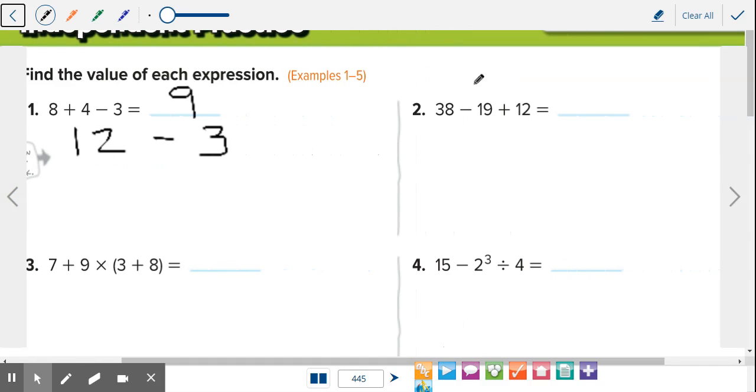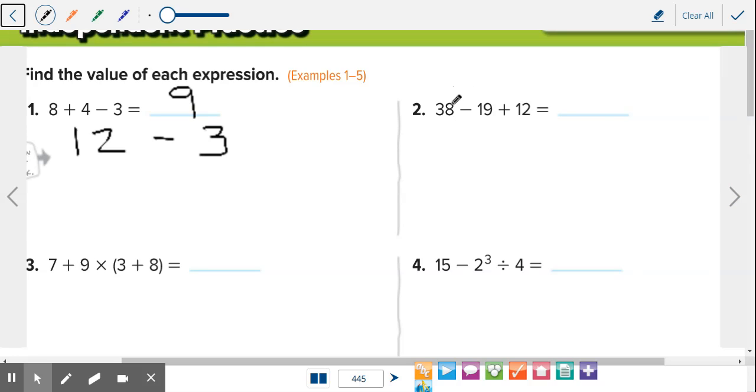All right, number 2, 38 minus 19 plus 12. Parentheses? No. Exponents? No. Multiplying or dividing? Nope. So now we're down to addition, subtraction. Which one are we going to do first? Subtraction, because it's to the left. We always read a book left to right, so we start with the subtraction.